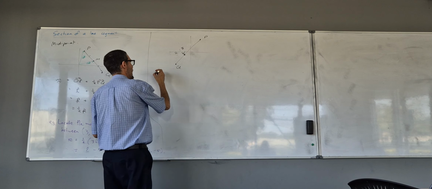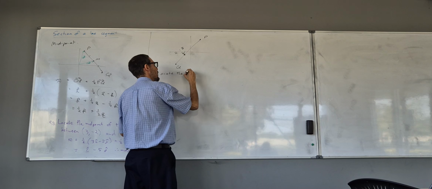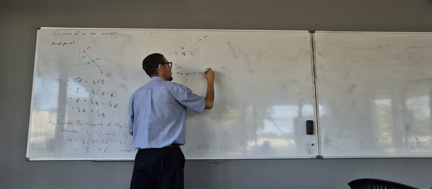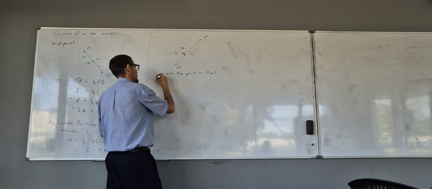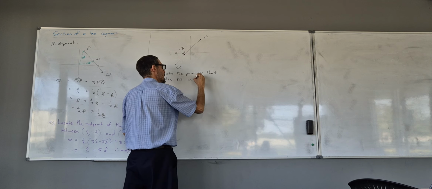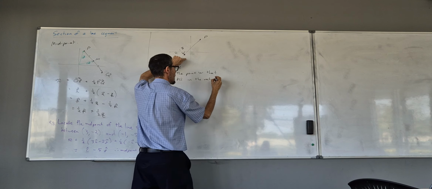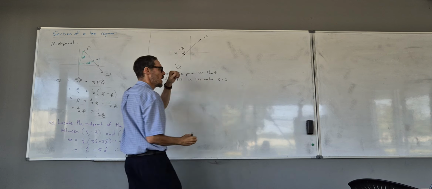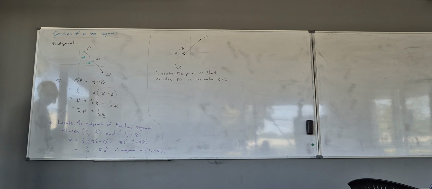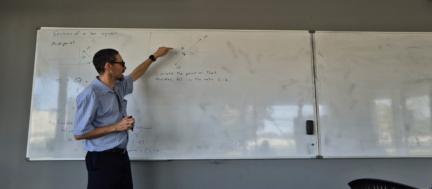So I'm going to say something like, locate the point W that divides PQ in the ratio 3:2. Does that have any in the midpoint? Yes, I've just divided the ratio 1:1. Now I'm going to divide the ratio 3:2.